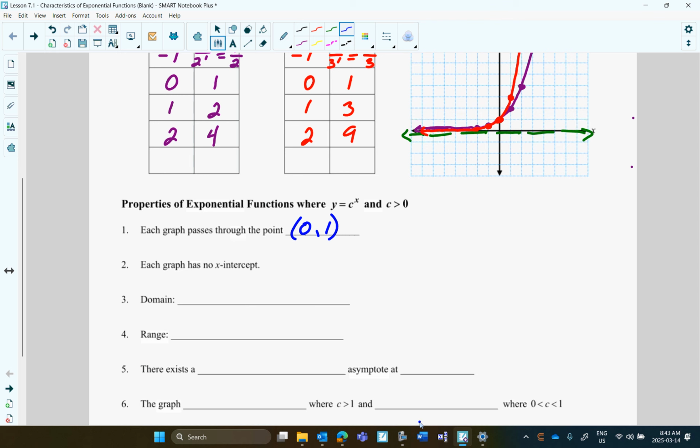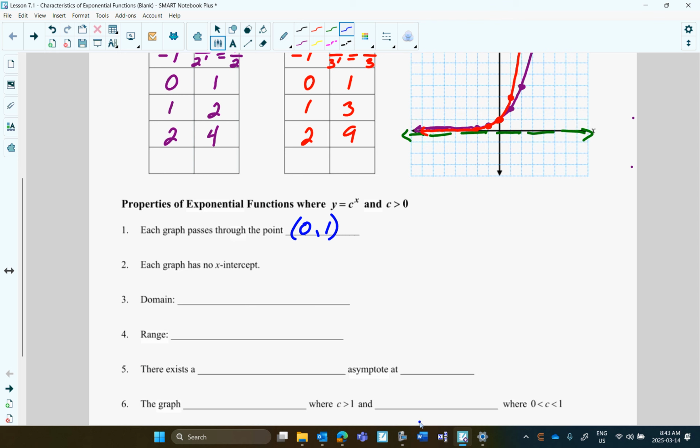What would the domain be of these ones? Furthest left to furthest right. What's the x-coordinate to the furthest left? The arrow says it goes on forever. What's the x-coordinate to the furthest left?